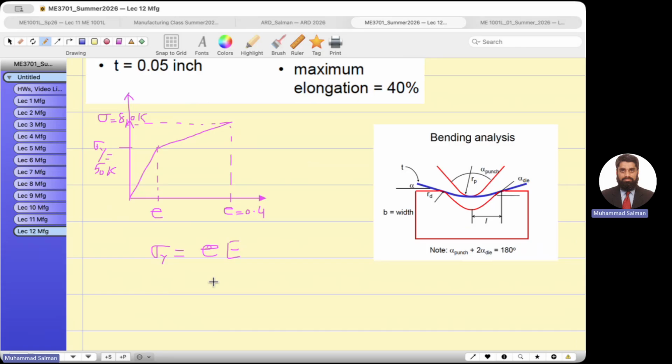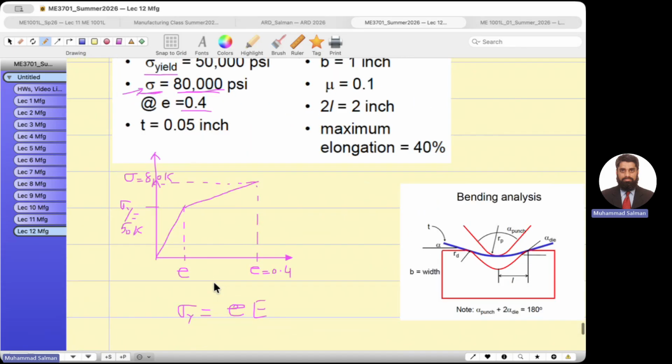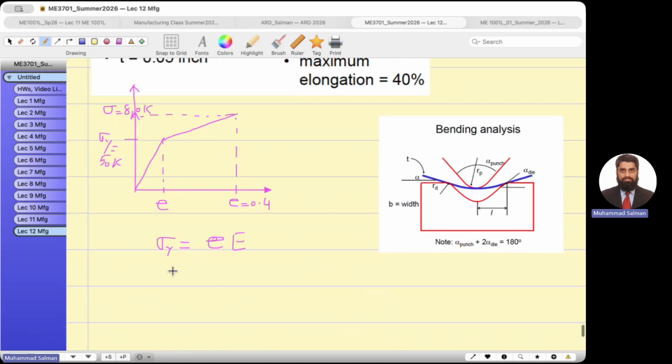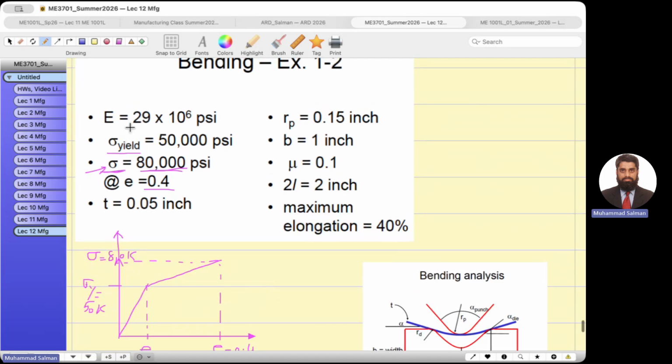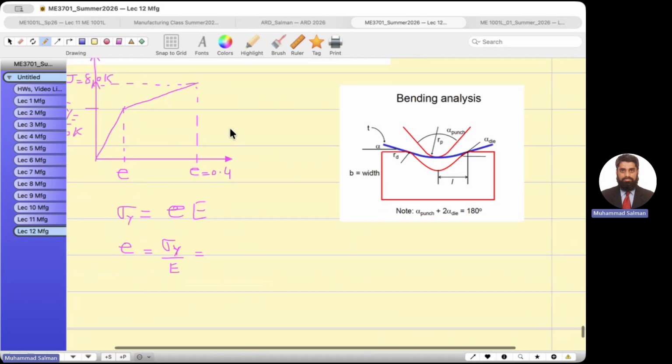Now sigma y is 50,000, right? So what is the strain at yield? We can find it from this relationship: epsilon equals sigma y over Young's modulus. What is Young's modulus? This is 29 times 10 to the power 6.